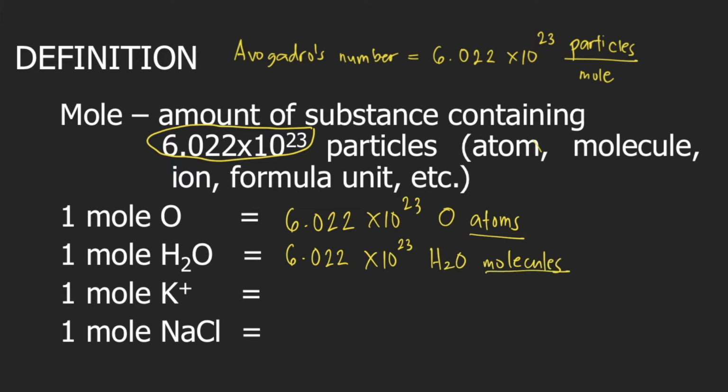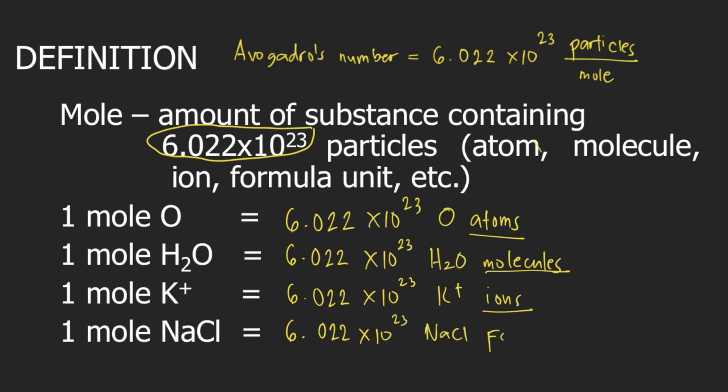So we use molecules because water is a molecule. 1 mole K plus is equal to 6.022 times 10 raised to 23 K plus ions because K plus is a cation. And 1 mole of NaCl contains 6.022 times 10 raised to 23 NaCl formula units. So we use formula units because NaCl is an ionic compound.